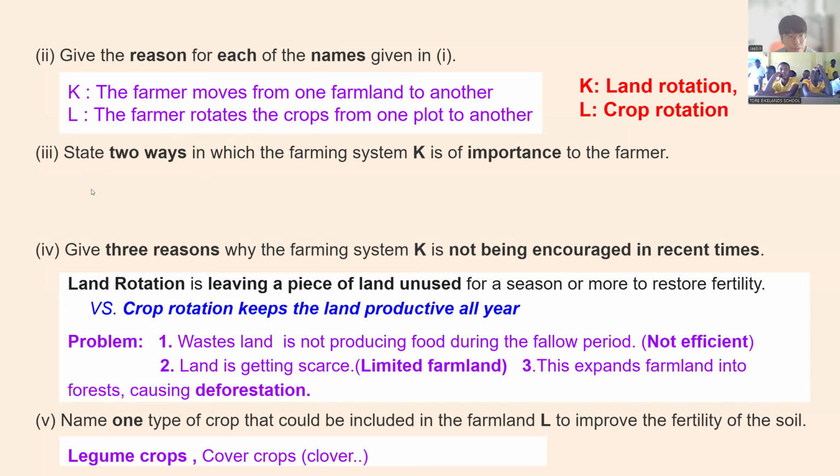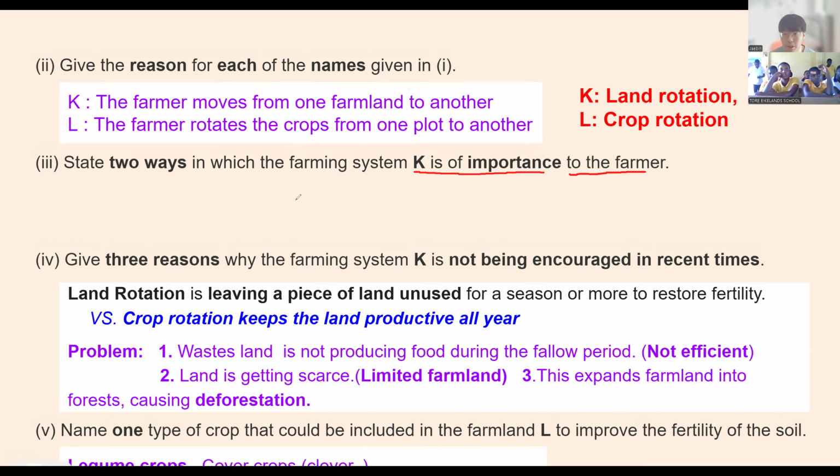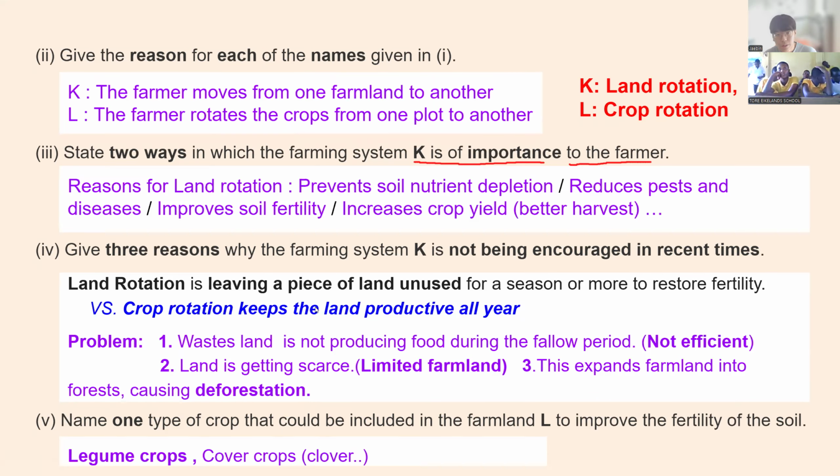Okay. So number three, state two ways in which the farming system K is of importance to the farmer. So why do you think K is important to the farmer exactly? So let's see what this says.